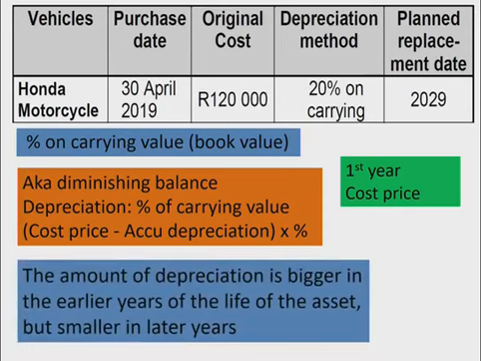So for the diminishing balance, or the reducing balance, or the carrying value, the amount of depreciation is bigger in the earlier years, but smaller in the later years. That's why the word diminishing balance. As the years go on, the amount of depreciation that you'll be writing off becomes smaller and smaller. Okay, so that is just to explain the 3 different methods that the question is talking about.